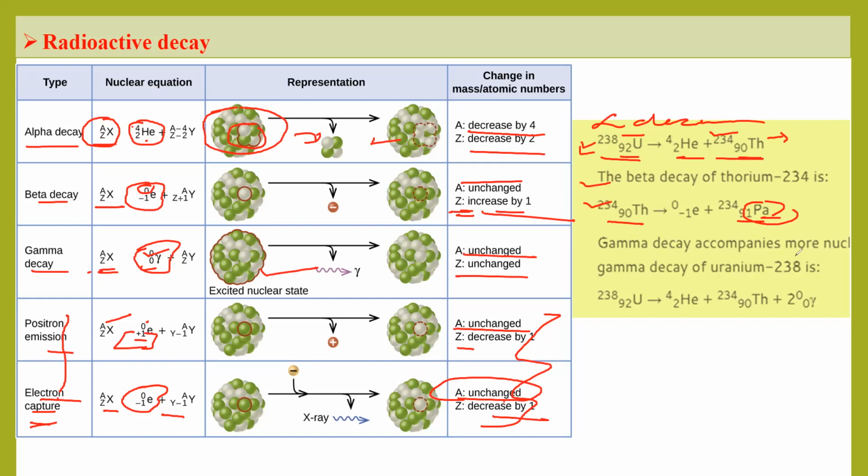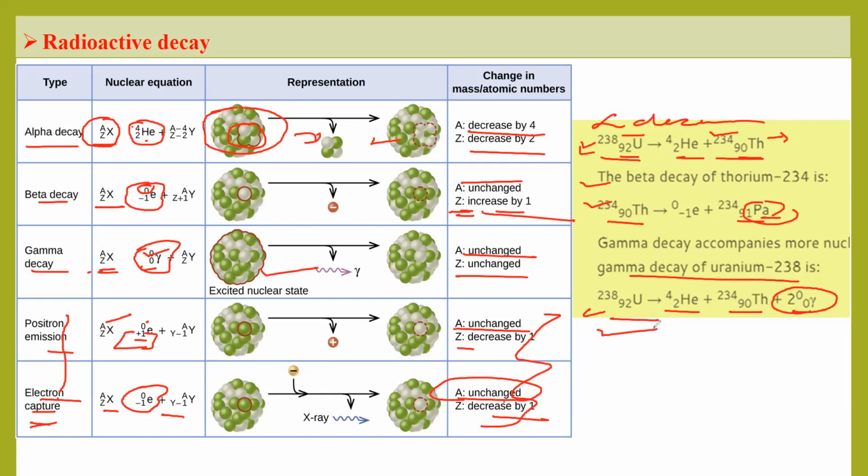Gamma decay combines more nuclei. Gamma decay of uranium 238 is like this. When this uranium nucleus undergoes gamma decay, there is no change. It will also release alpha, turn into thorium, and release 2 gamma.